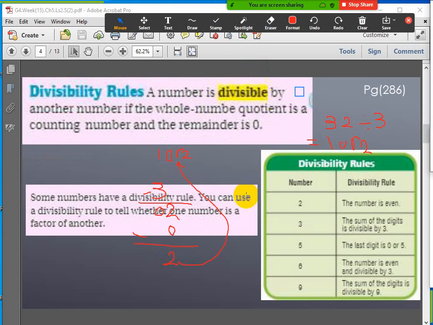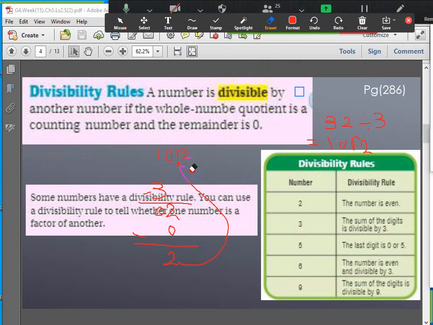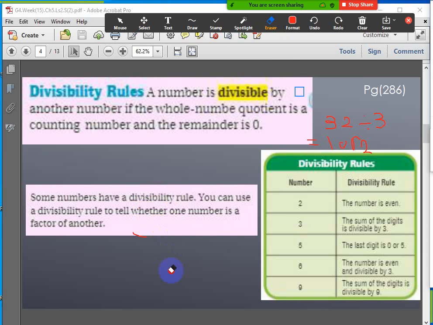Now we will talk about the divisibility rules. I want you to focus with me, please. This is very important for you, okay?